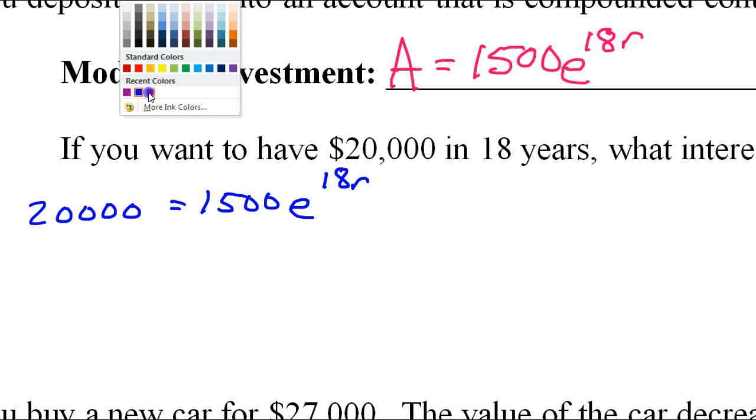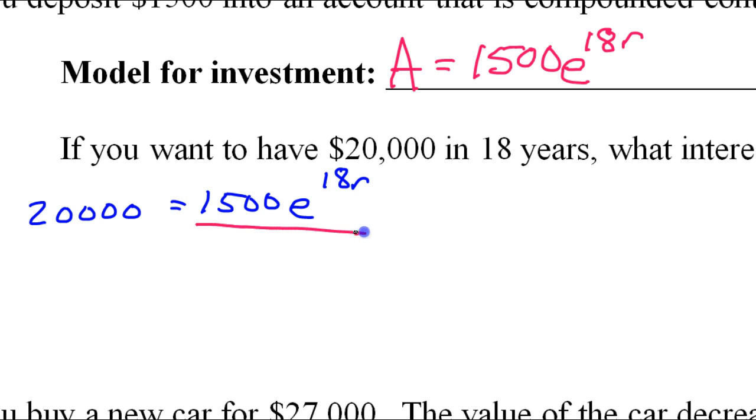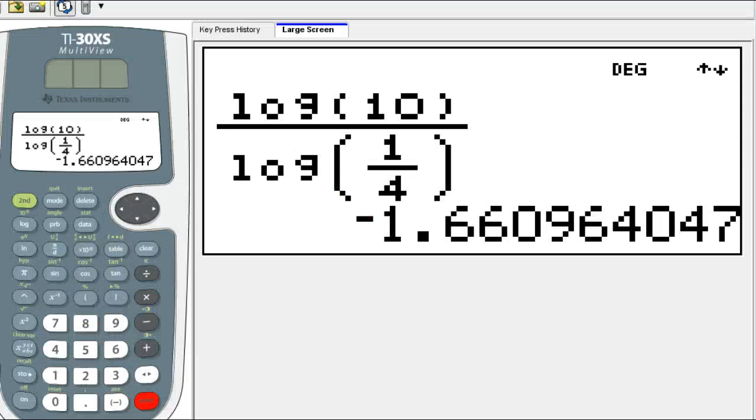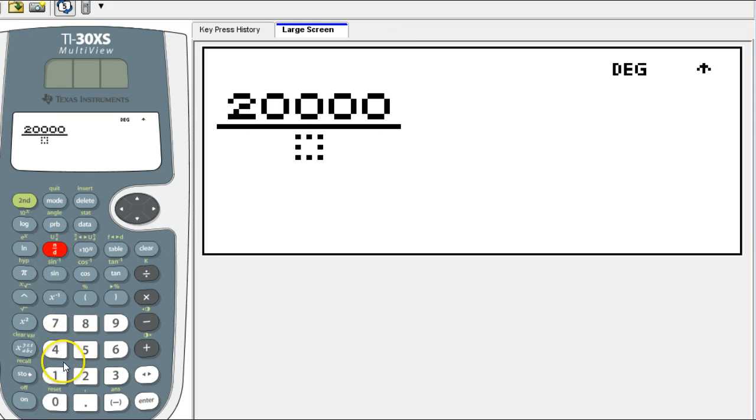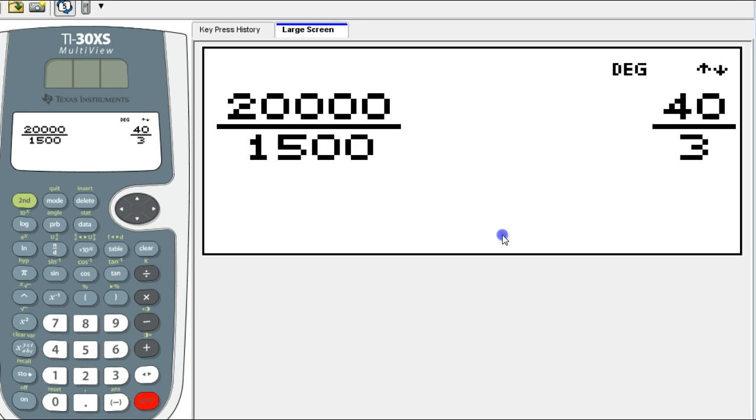So your first move should be to divide both sides by 1,500. So 20,000 divided by 1,500, that's 40 over 3.